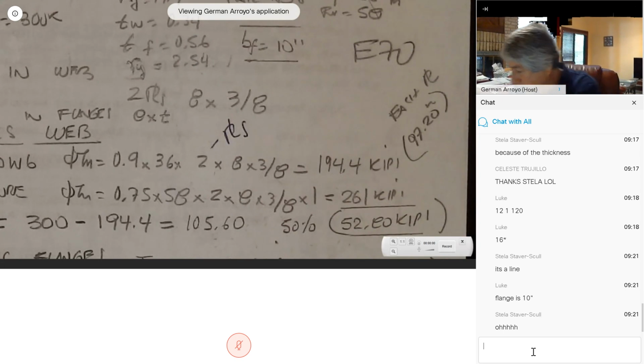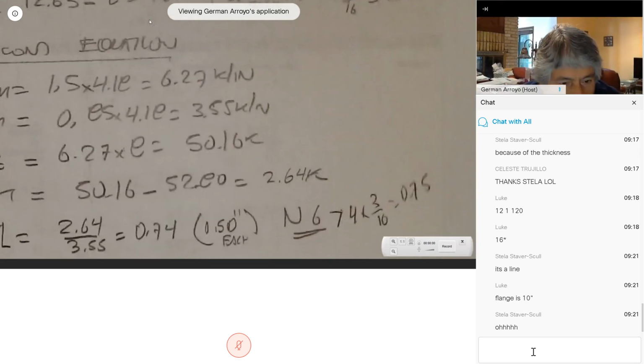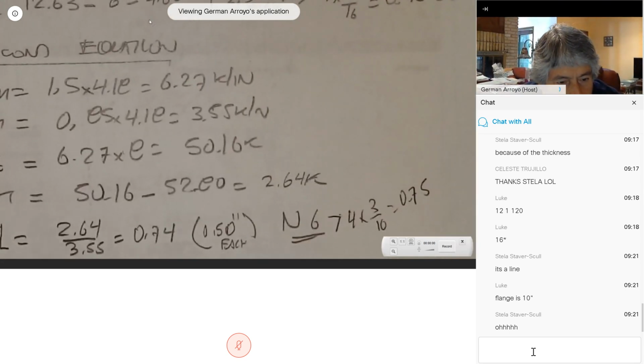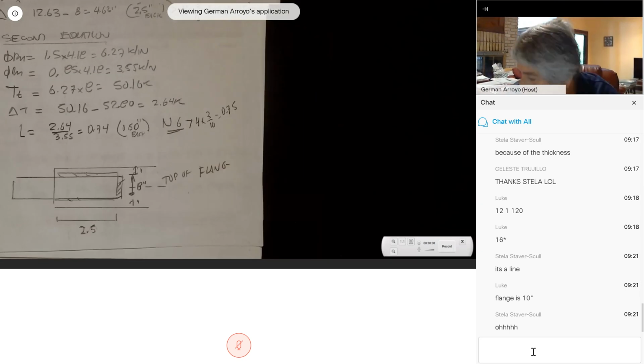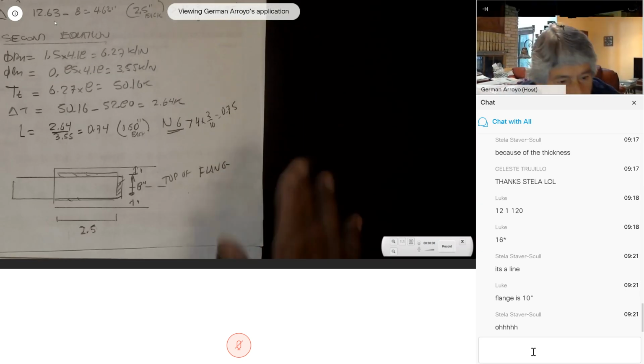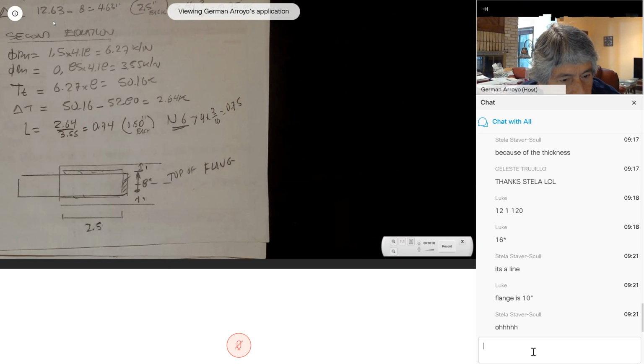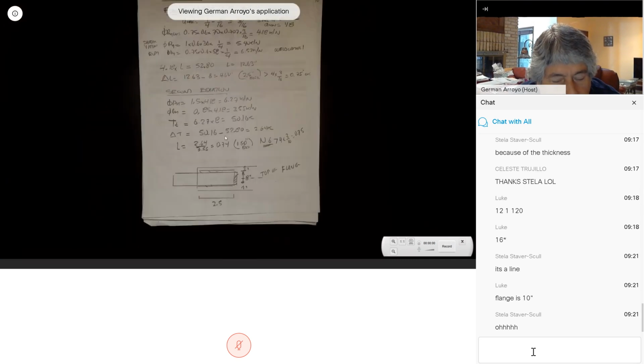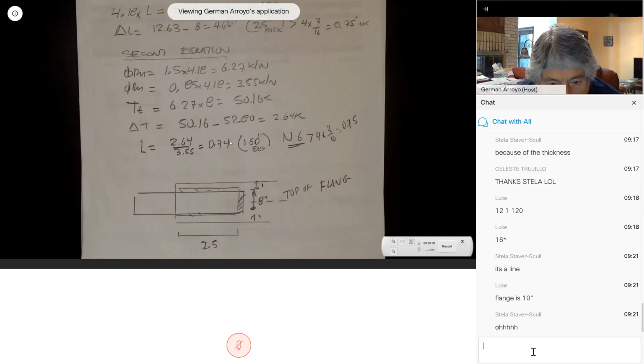Right? So what I left, I had 10 inches minus 8, 1 and 1 on each side. And the length is 2.5.